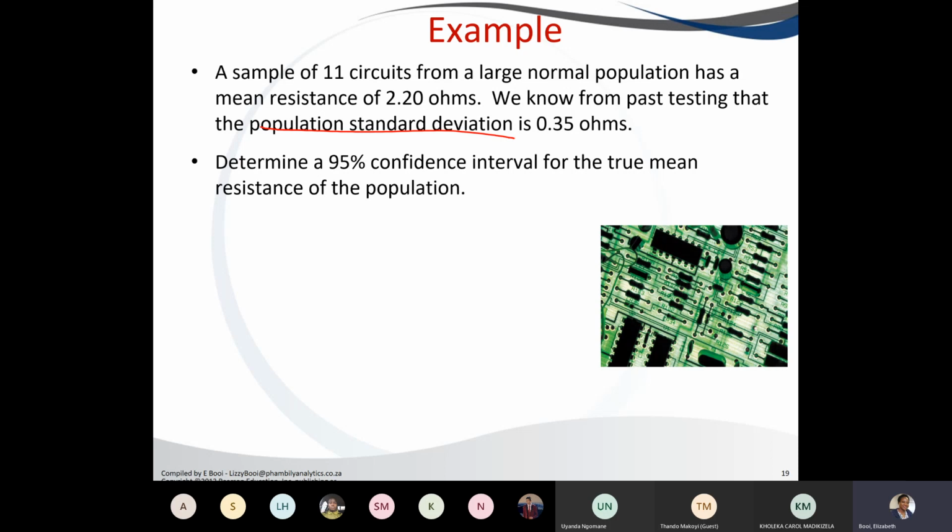Determine a 95% confidence interval for the true mean resistance of this population. So we're going to have to find alpha. We know the formula: x bar plus or minus the critical value times the standard error.